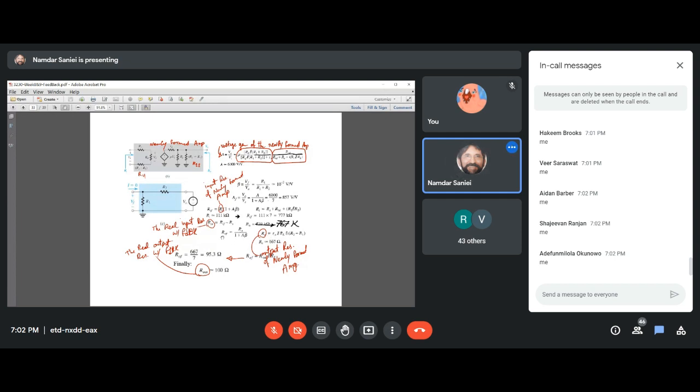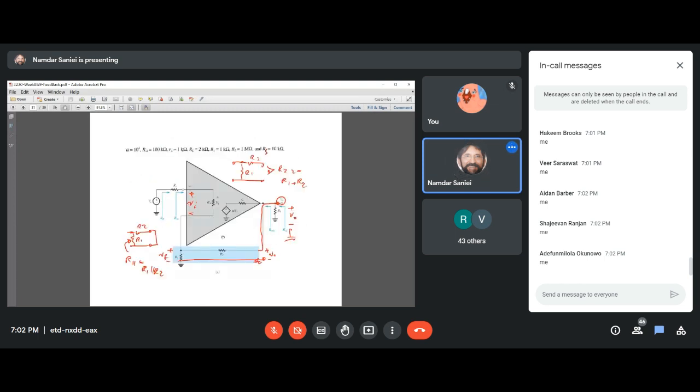Now, when we do that, there is a load resistance included in it too. So you see, this is the network under feedback, and when we look from the output in, we see the ROF, the output resistance under feedback.